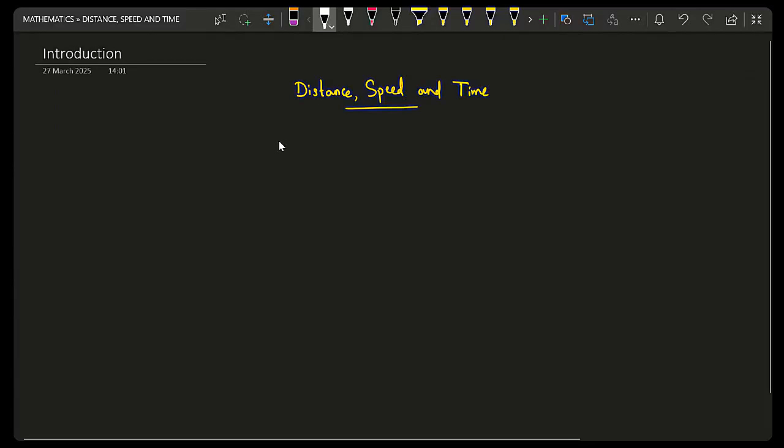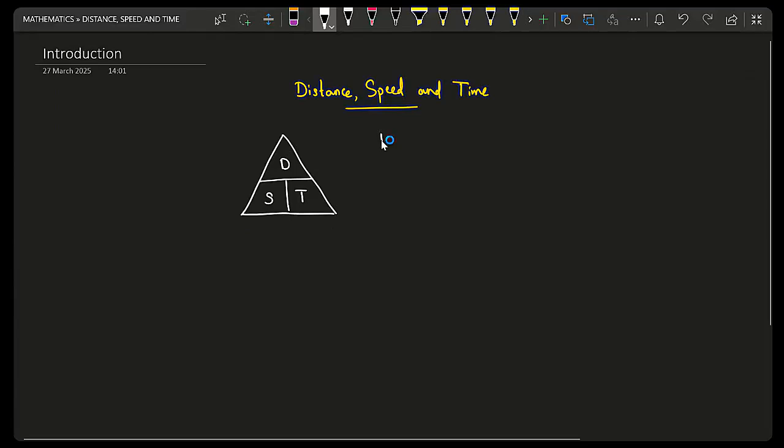So I'll tell you one mnemonic. What is a mnemonic? To remember things easily. So this triangle you need to remember. DST. Using this triangle, you can remember all the formulas that are required in this chapter.